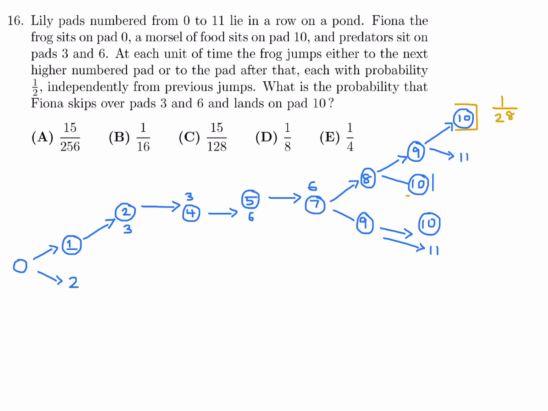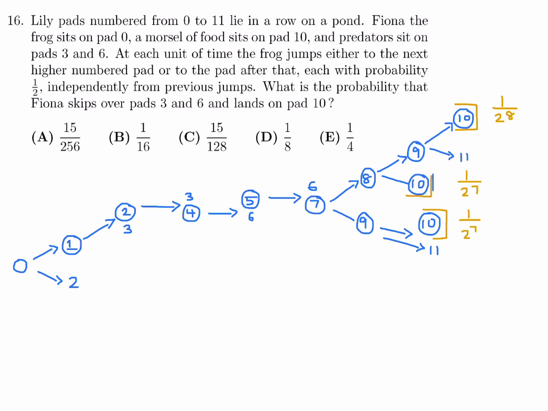How about let's get to this 10? Well, 1, 2, 3, 4, 5, 6, 7 this time. So a half to the exponent 7. So that is 1 over 2 to the power of 7. How about this 10 here? To get to there, 1, 2, 3, 4, 5, 6, 7. So it's 7 again. So 1 over 2 to the power of 7.